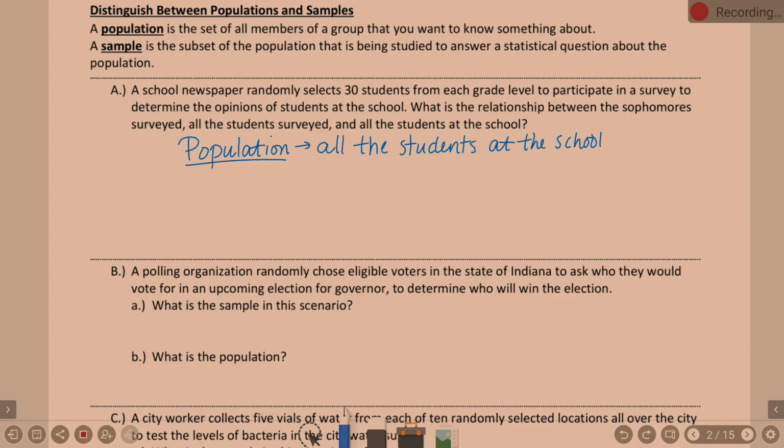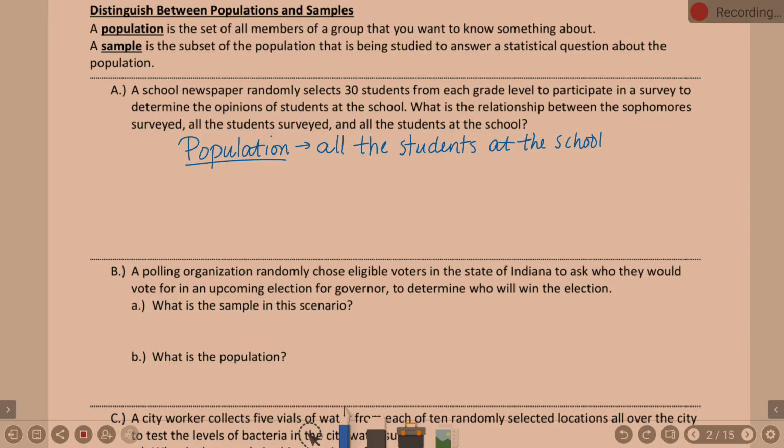Now, in terms of sample, what did they do? For the sample, they selected 30 students from each grade level. So the sample is the students that they actually surveyed. Now we talk about the sophomores surveyed.